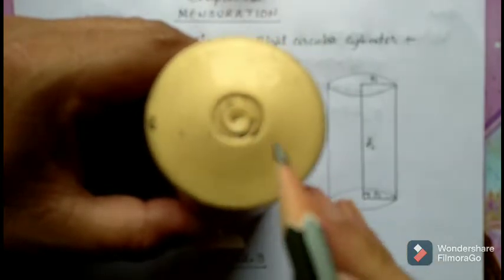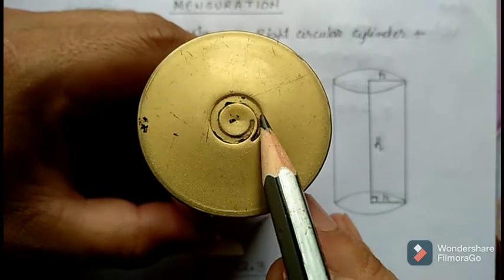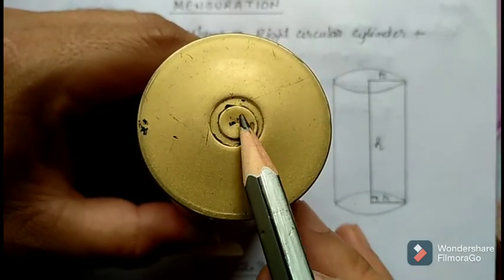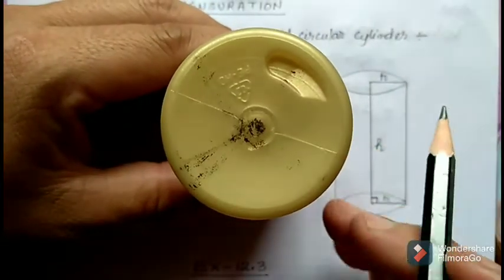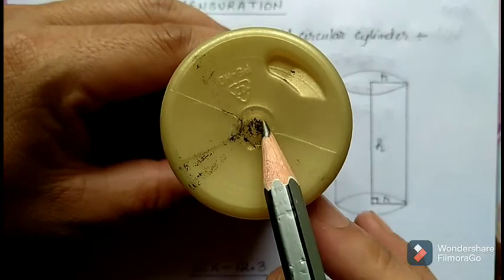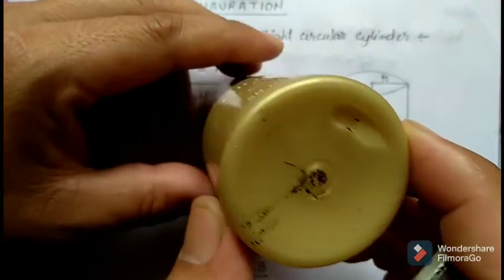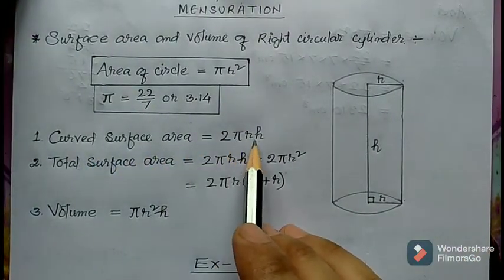There is a circle shape, so there will be one center here, and from this center point to the circumference, this length is the radius. Like that, the bottom too is a circle, and from the center to the edge is the radius. So the curved surface area formula is 2 pi r h.